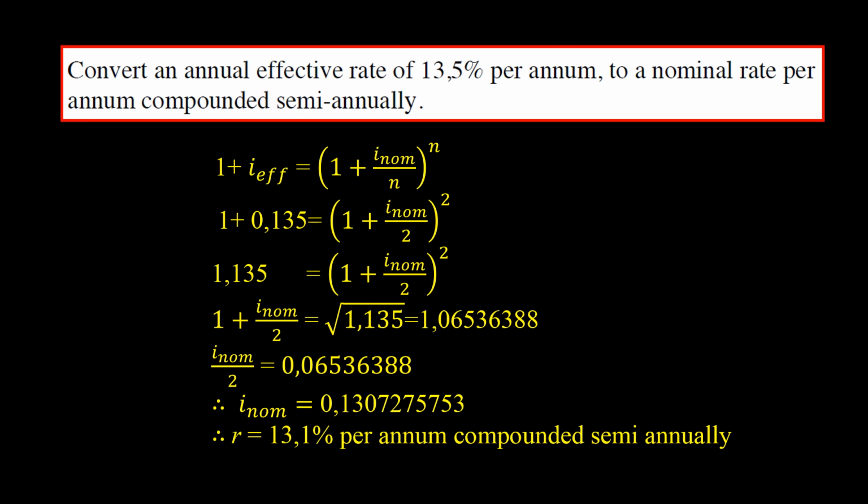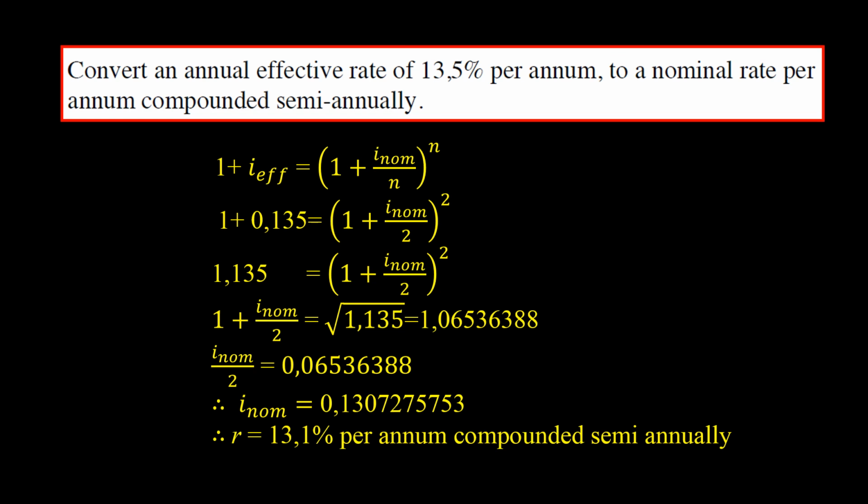We get 0.1307275753. Now, what is the rate now per annum? That is multiplied by 100, 13.1% per annum compounded semi-annually. Look at that, 13.1%.